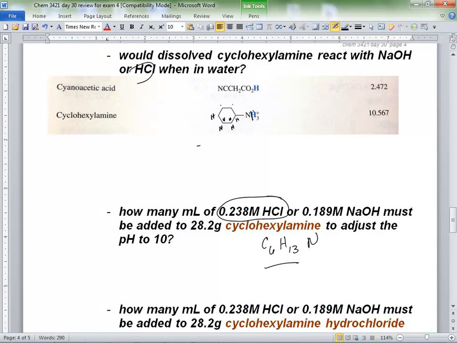Let's change that to an H2. 2, 4, 6. The name always correlates to the neutral. We got an H right there. Okay, so you see how to start that one?